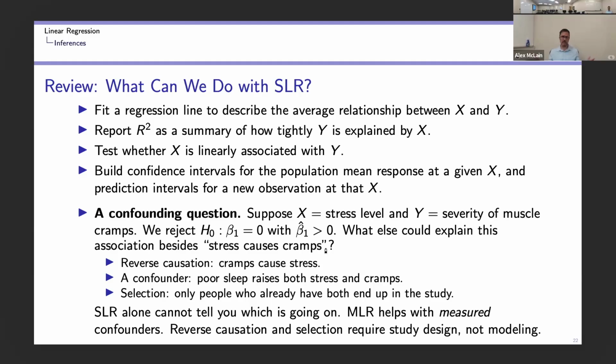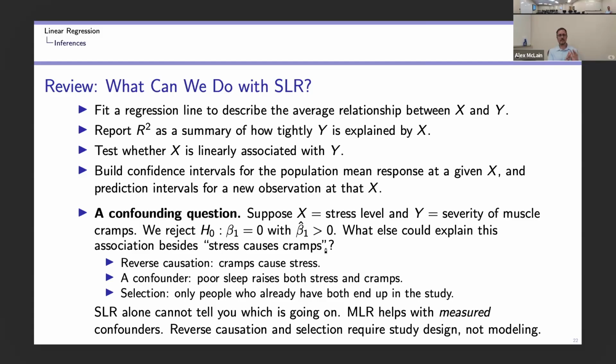With simple linear regression, we can't really differentiate these things. Multiple linear regression is going to help us differentiate measured confounders. If we had a measure of sleep, we could put that into our model, and then we can adjust for the impact of poor sleep.